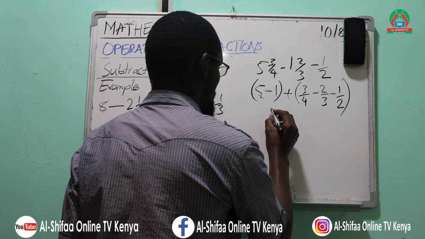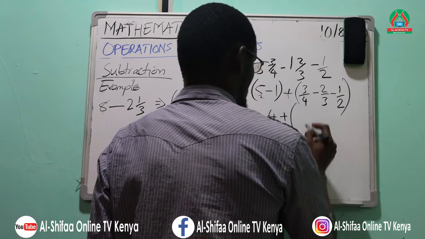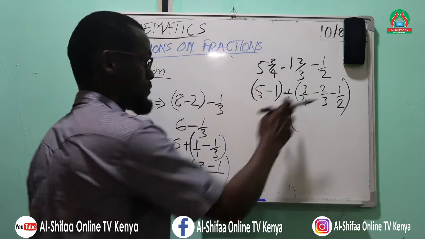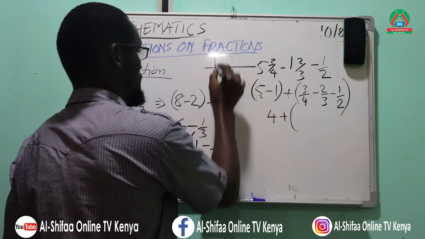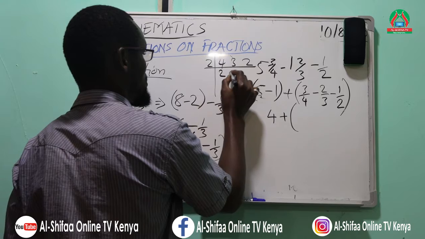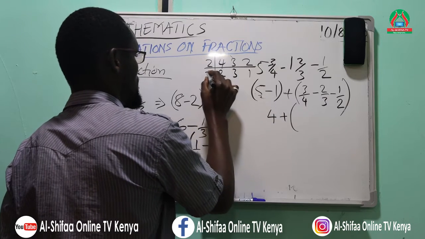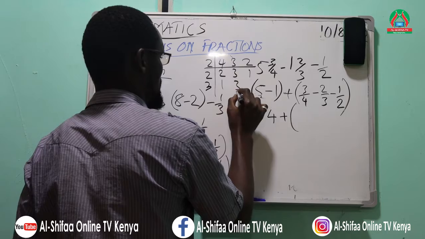Here we'll have 4 plus, we'll find the LCM of 4, 3 and 2. So we have 2, 2, 3, 1, 2 again, 1, 3. We have 3, 1.